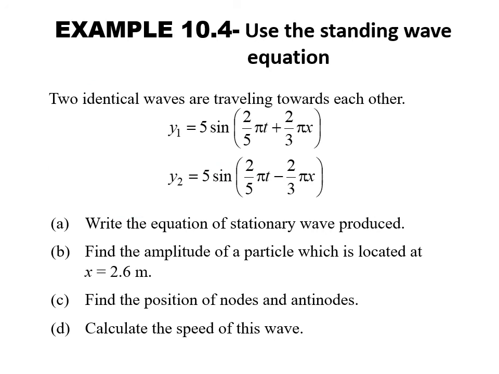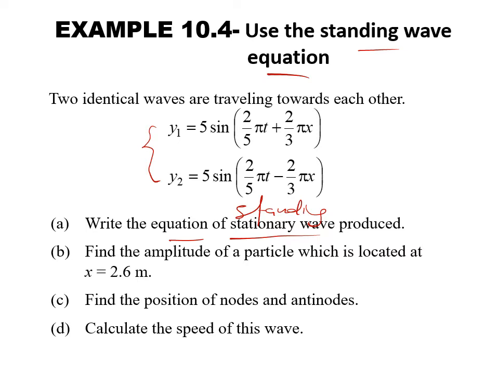Example 10.4, use the standing wave equation. You are given two progressive waves, y1 and y2, and you need to, question A, write the equation of the stationary wave, also known as the standing wave, produced.